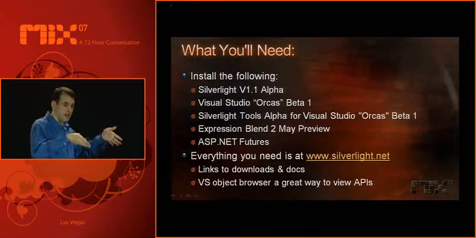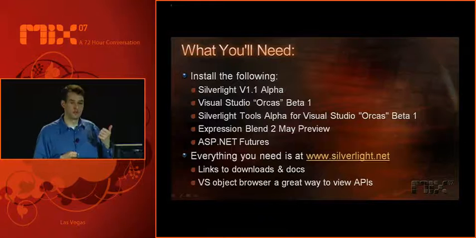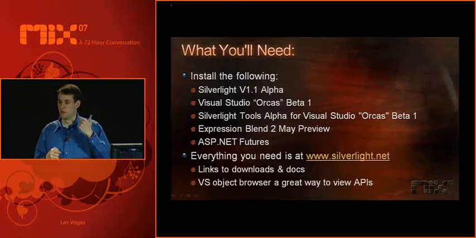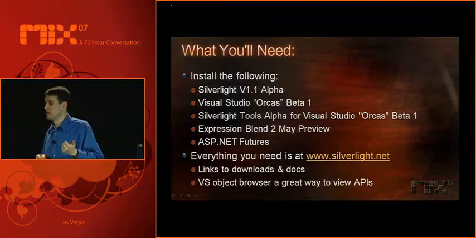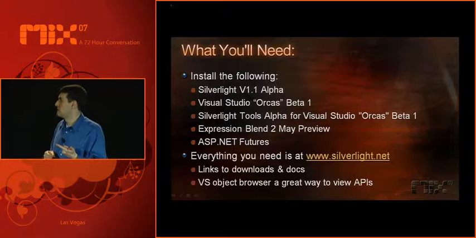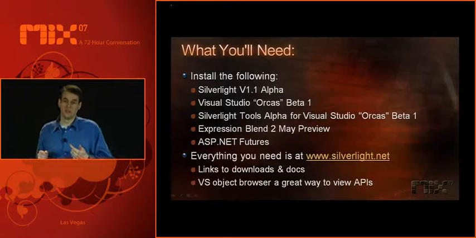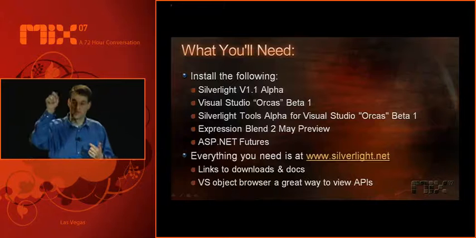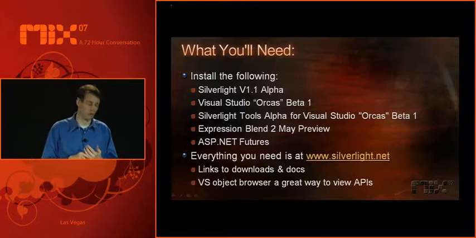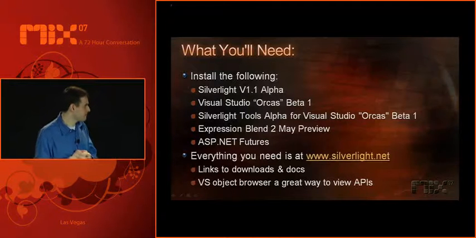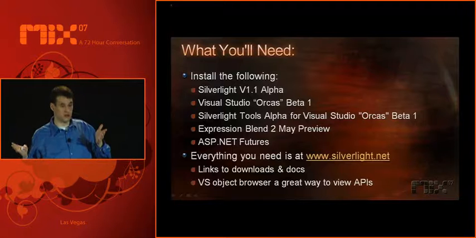Now, if you want to build applications, you'll also want to install the next version of Visual Studio, which is available in Beta 1. It's called Orcas. On top of that, you're going to want to install the Silverlight add-in to Orcas, which adds Silverlight functionality, like the File New Silverlight project support. And that'll get you your Visual Studio experience.